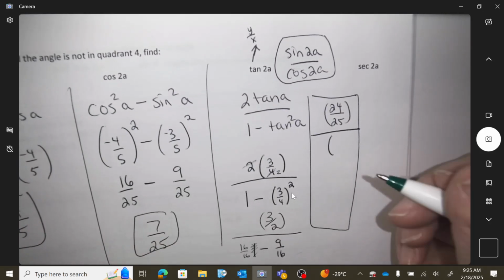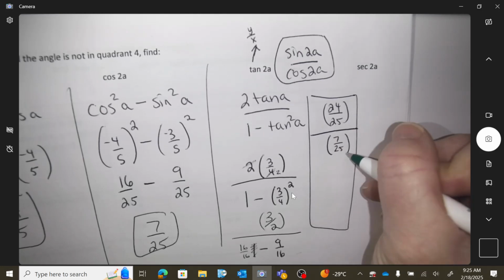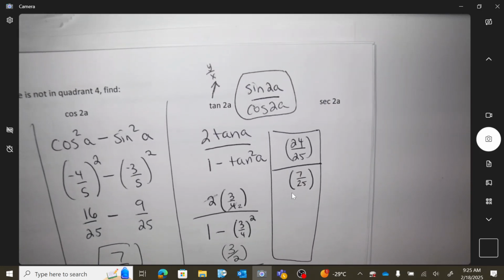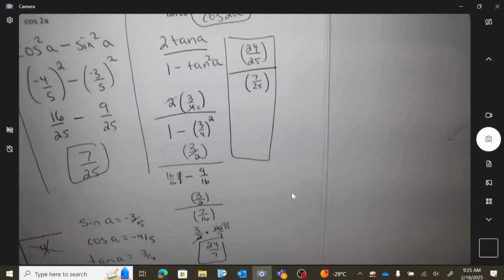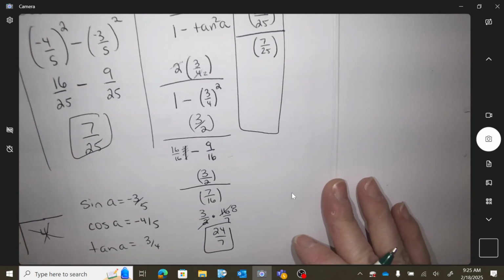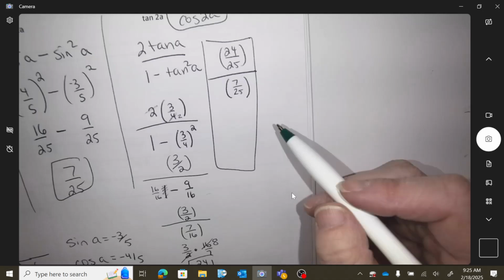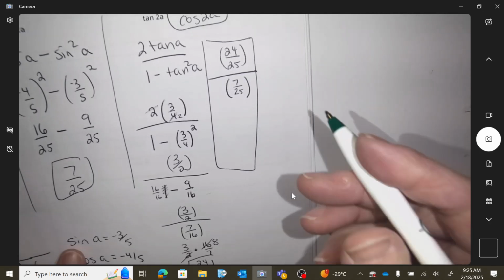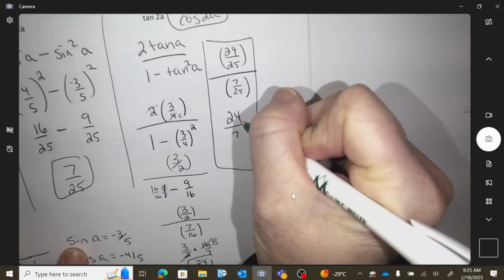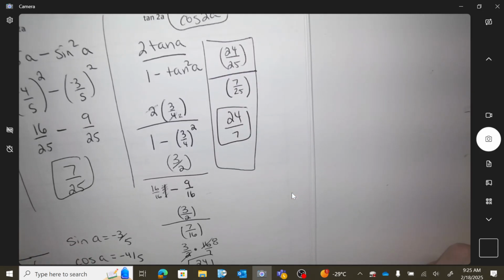So 7 over 25. Do you remember what would happen if you flip and multiply these? What happens to the 25s? They would cancel, and you would get, oh, look at that. That's the exact same value as we had, right?